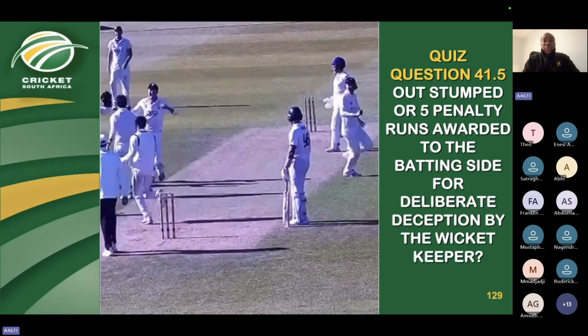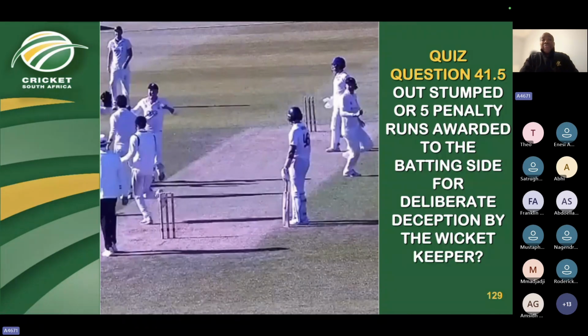We shall award 5 penalty runs to the batting side, as well as the run in progress, even if the batters had not crossed. Abdullah mentioned this was the only part in the law where we will award the run to the batters as long as they have attempted a run or started a run. Even if they haven't crossed, it will be awarded to them.